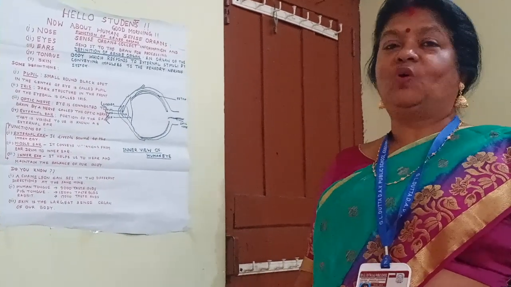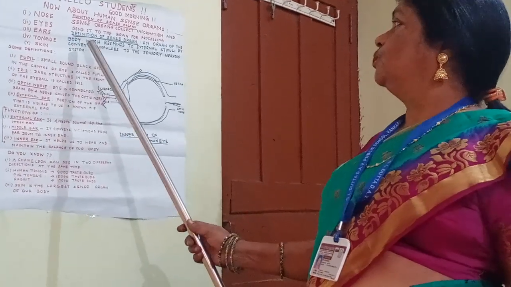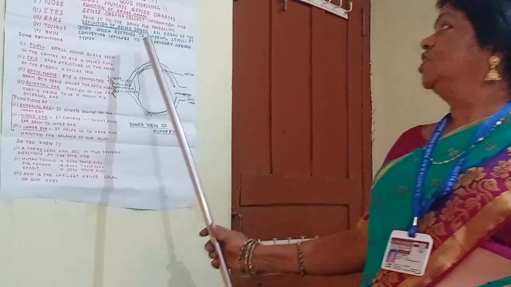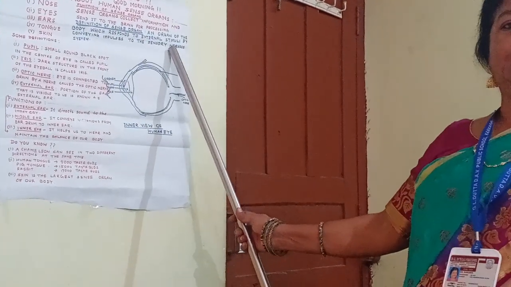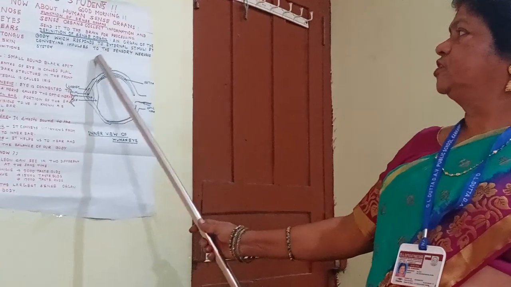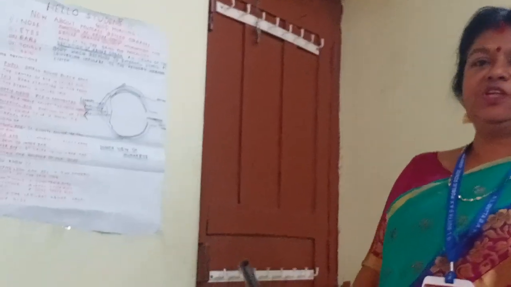So, what is the definition of the sense organ? Sense organ is an organ of the body which responds to external stimuli by conveying impulses to the sensory nervous system. What does it mean?